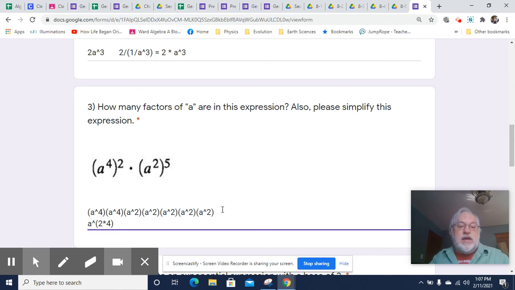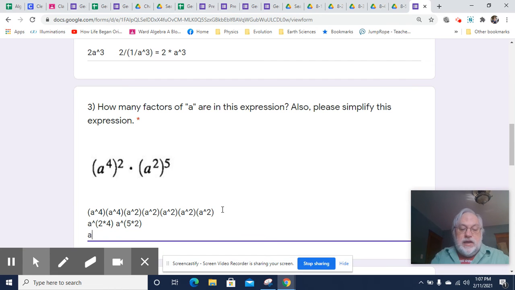And then the other side is times a to the 5 times 2 power. And now that's, of course, just a to the 8th times a to the 10th, because 5 times 2.